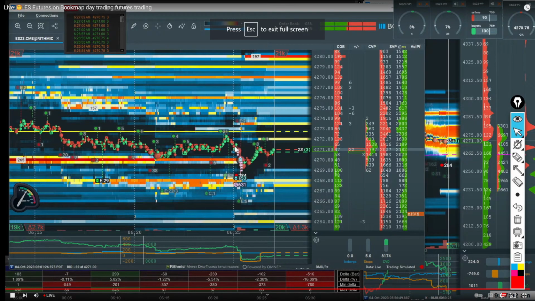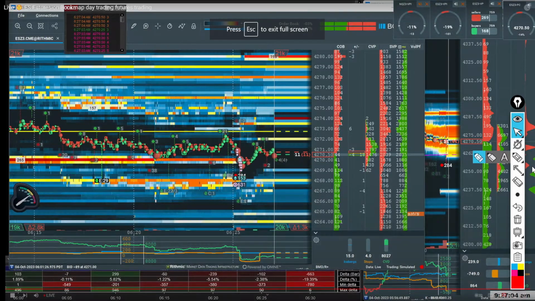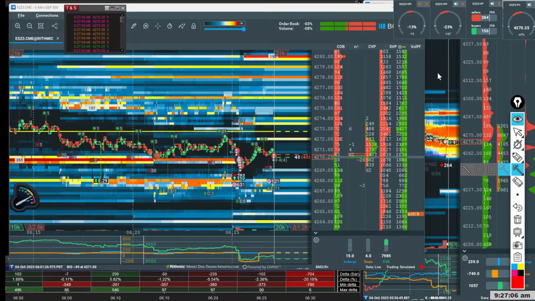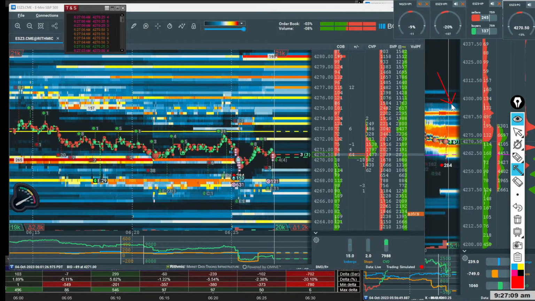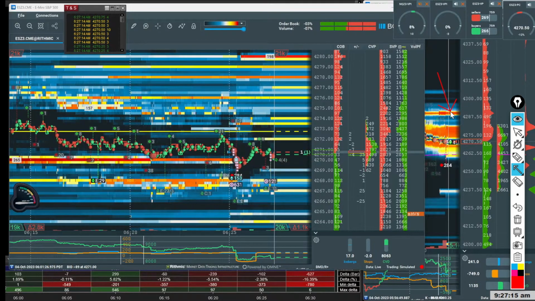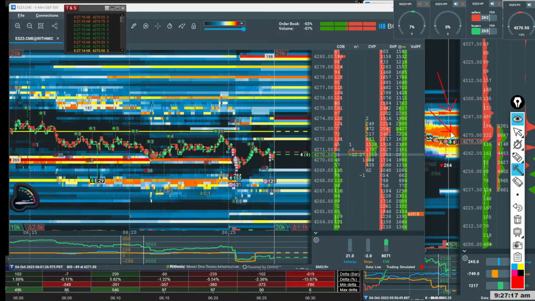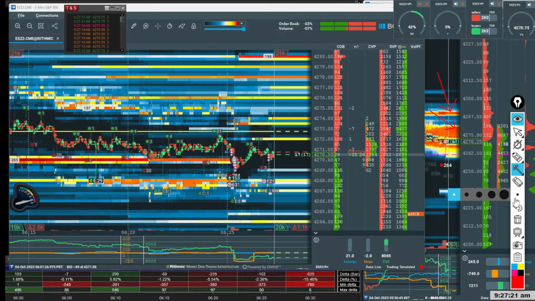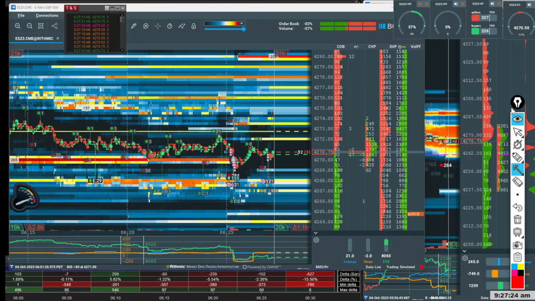Look at Bookmap and see what the setup is looking like. We have heavy liquidity up here at 42.87, probably 42.89, and more liquidity in this area here. So it's more liquidity above than below. So that should be pressing down on price.